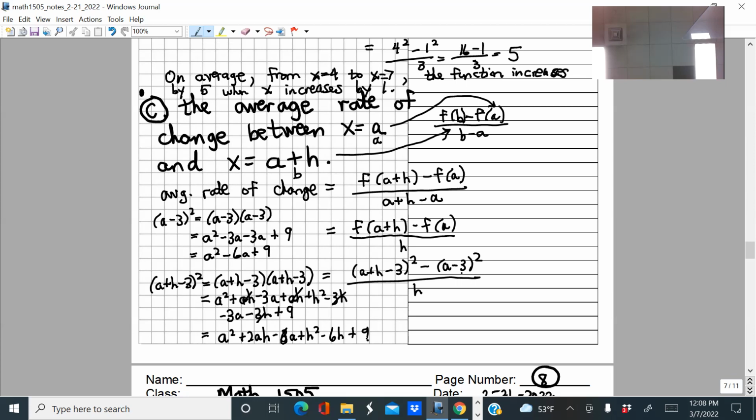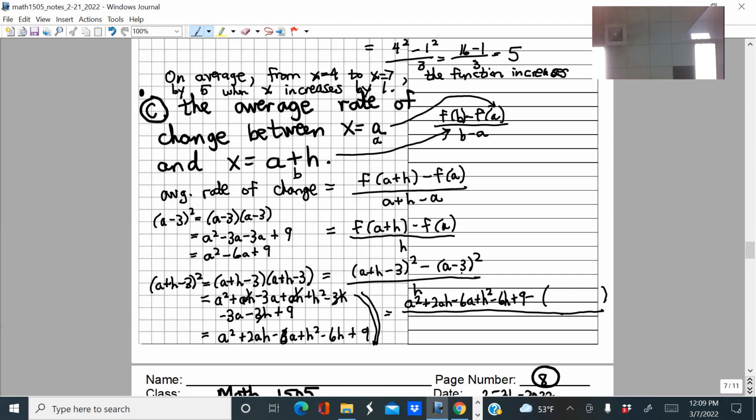Now just put those in. So you have to rewrite a bunch of stuff, but a squared plus 2ah minus 6a plus h squared minus 6h plus 9. And then we're subtracting off, and be sure you subtract off the whole thing. So I'm going to put it in parentheses.